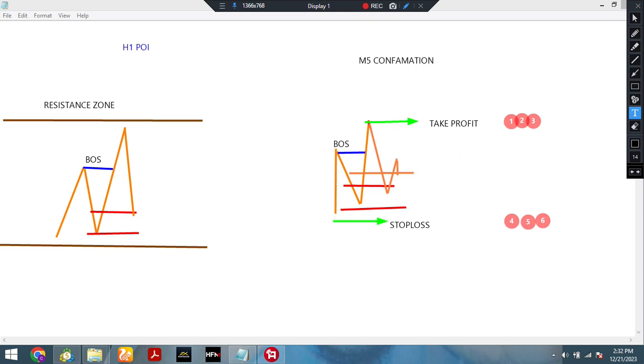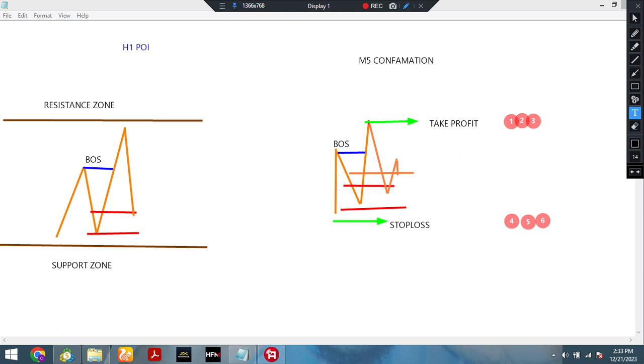This is support zone. Can you see? Now, among those software that you have, there are some software that will also give you quick info on this part.